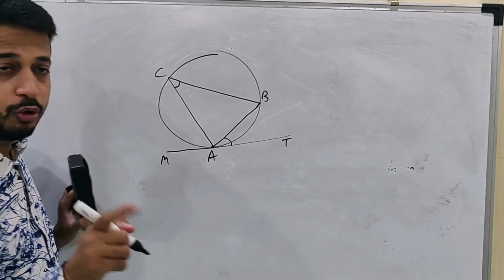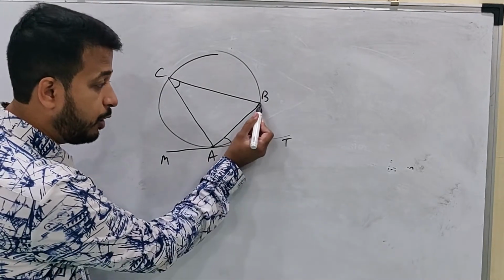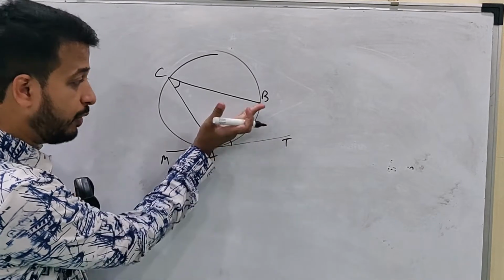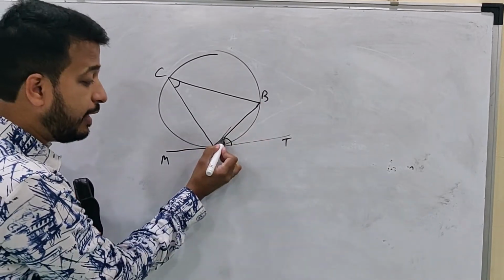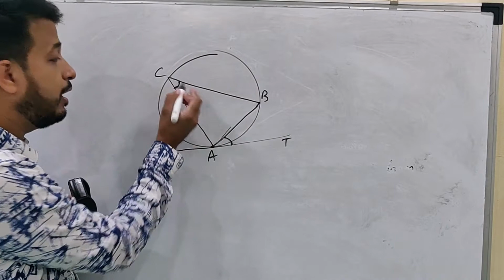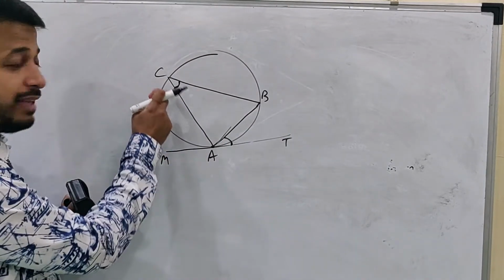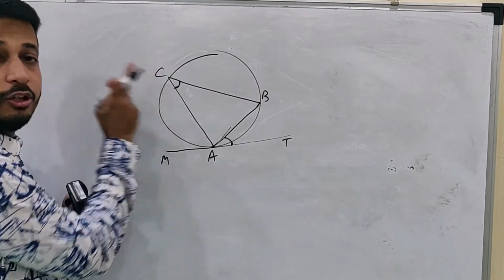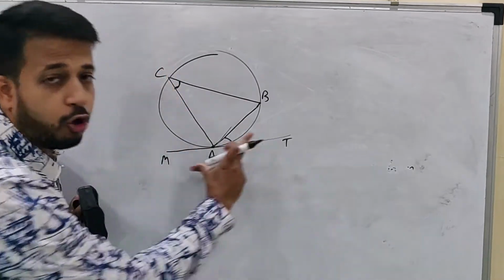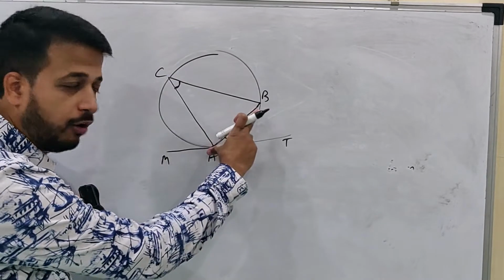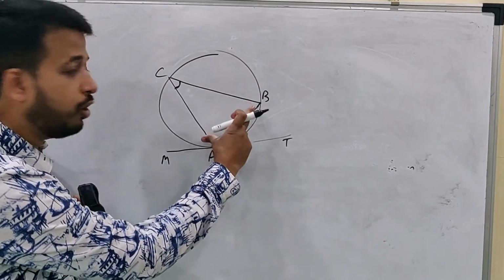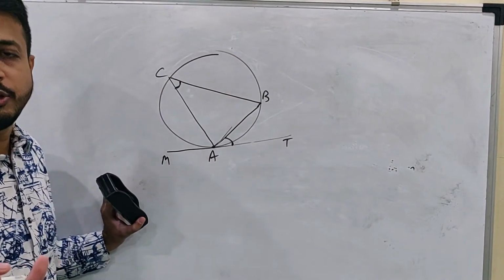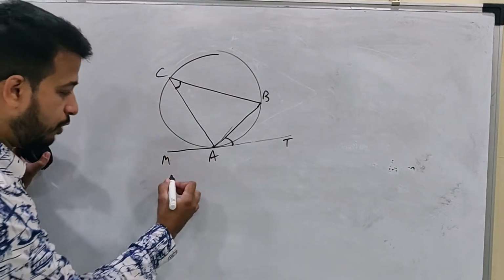Again, one more time: the angle formed between the chord and the tangent is equal to the angle formed in the alternate segment. This angle should be formed on the circumference, and it should be formed by the same chord. If it is not formed by the same chord and not on the circumference, then I cannot use this property, students.